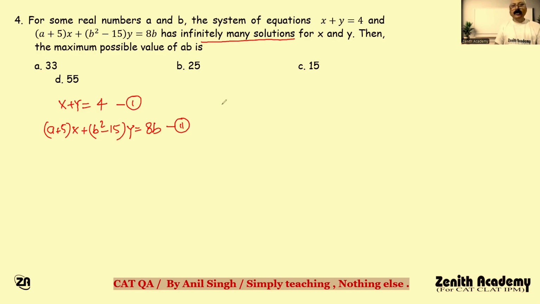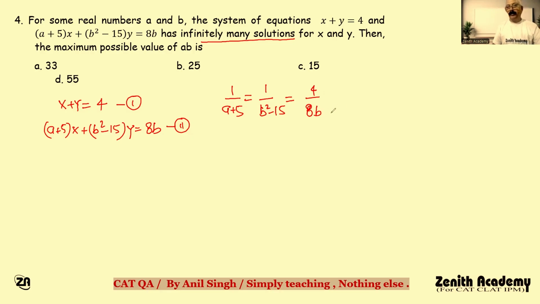It means the condition: the coefficient of x in the first equation is 1, and the coefficient of x in the second equation is a plus 5, so 1 upon a plus 5 will be equal to the coefficient of y, 1 upon b square minus 15, equal to 4 upon 8.